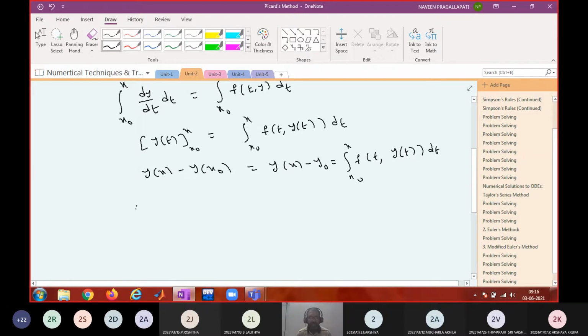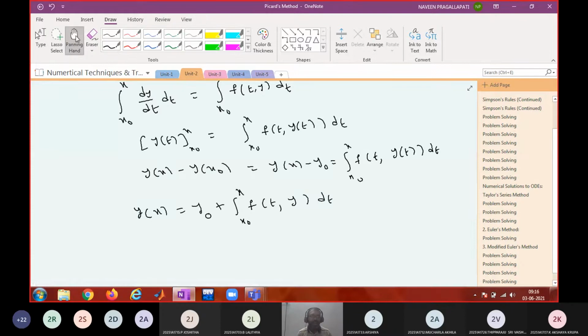So what is the expression for y? y of x is equal to y naught plus the integral from x naught to x of f of t comma y dt.